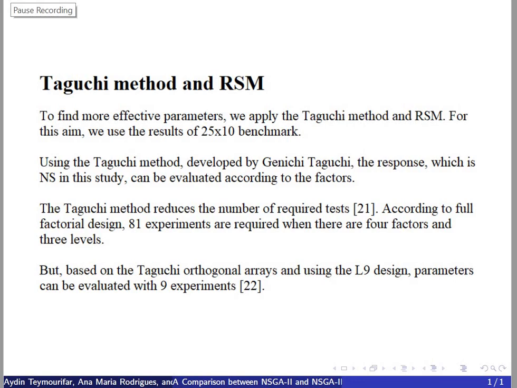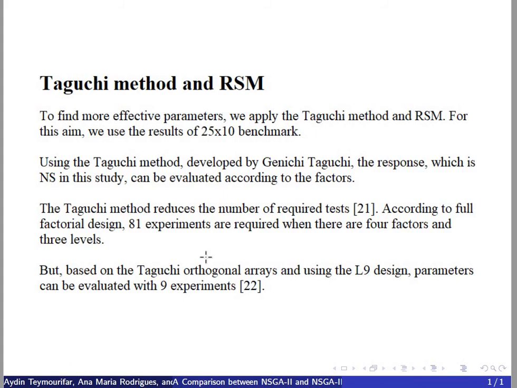We define 3 levels for these factors, which are the low, medium, and high levels. That's why we say that we are using the Taguchi method with 4 factors and 3 levels. However, based on Taguchi orthogonal arrays and using the L9 design, parameters can be evaluated with 9 experiments.